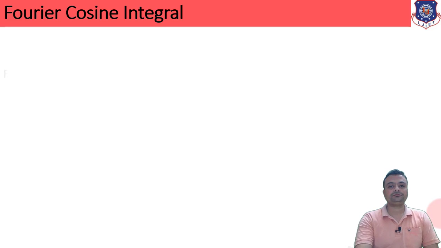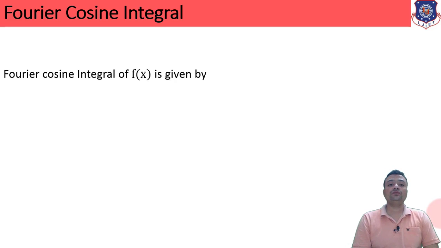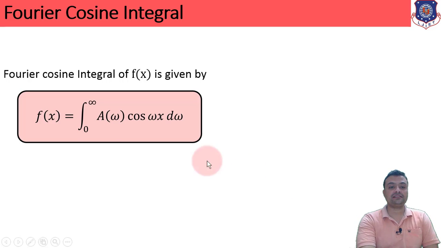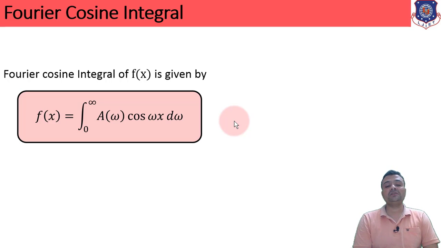So let us start with the Fourier cosine integral of any function, which is given by this: integral from 0 to infinity of A(omega) cos omega x d omega. We know that if our function is even, then it can be represented by the same kind of even function, an equivalent even function.